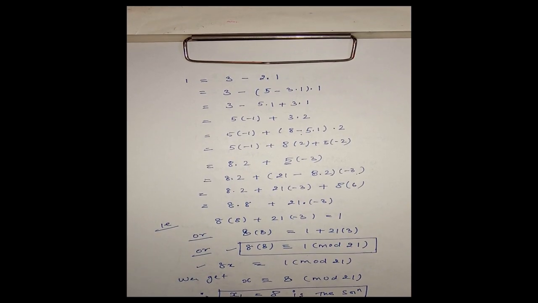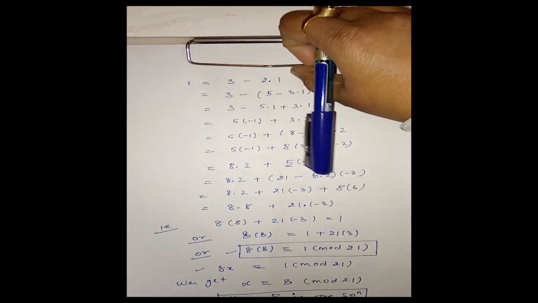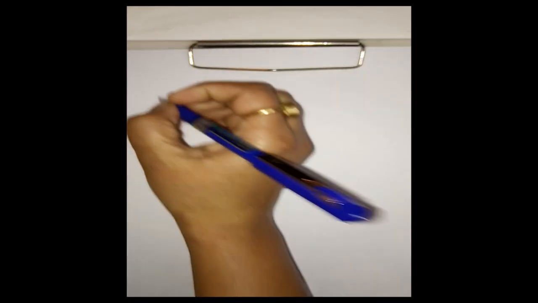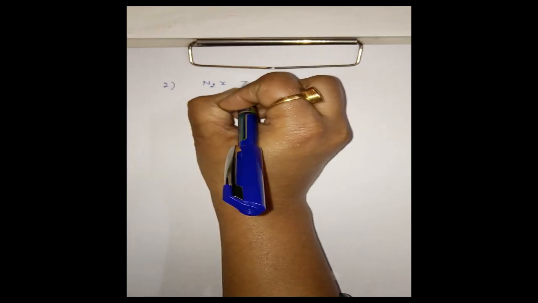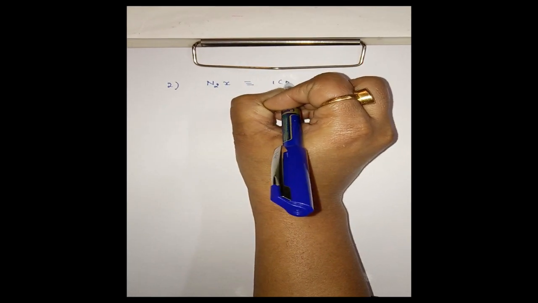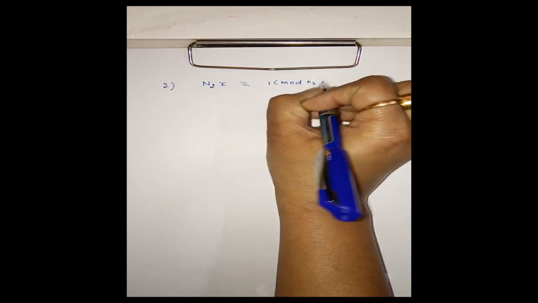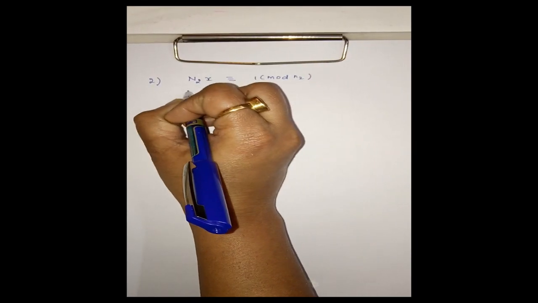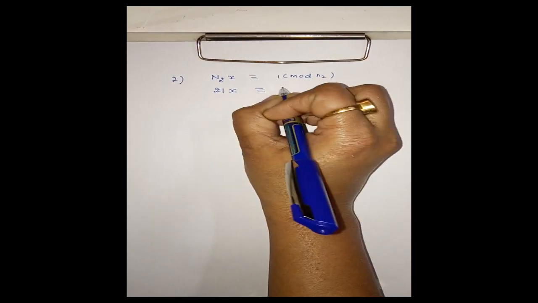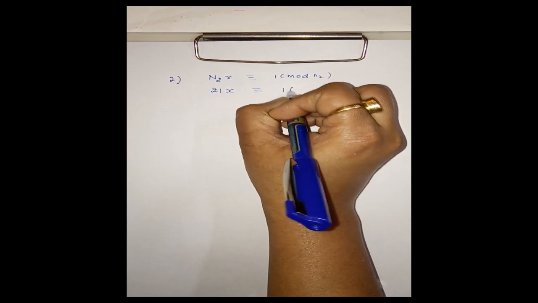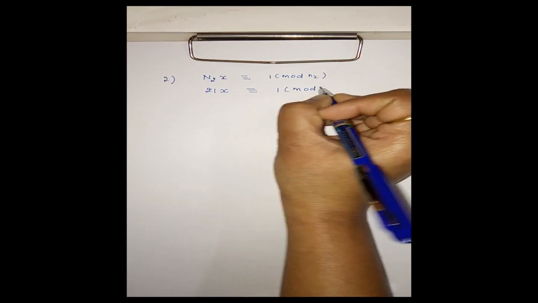Next, we will solve the second congruence, n2x is congruent to 1 modulo n2. Now n2 is 8 and the coefficient is 21, so 21x is congruent to 1 modulo 8.